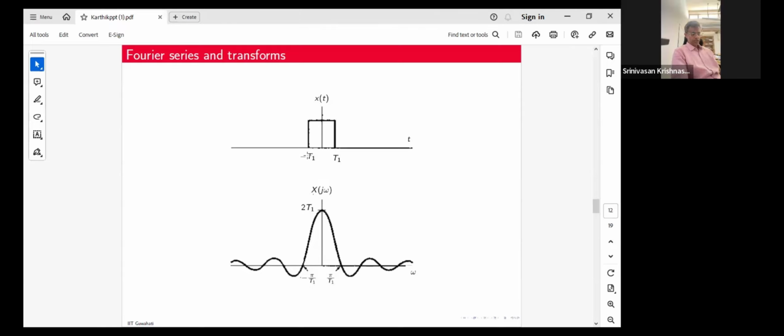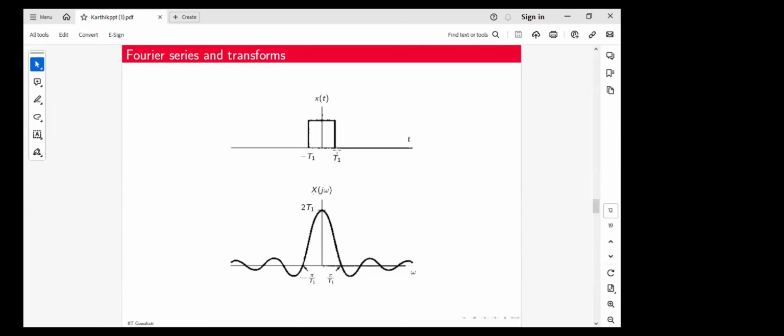This is kind of the inverse of the time that you have on top. So the intersection of the frequency response with the x-axis is the inverse of the intersection of the time response with the x-axis.